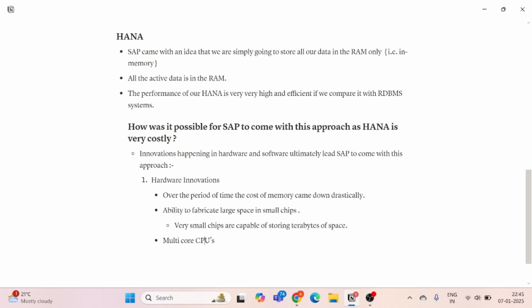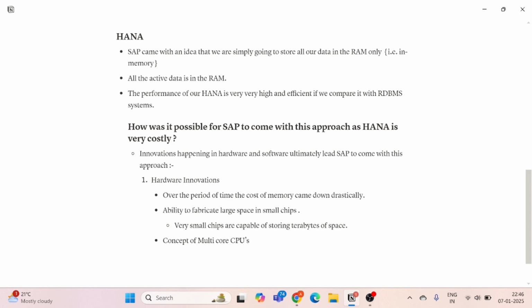The concept of multi-core CPU became one of the biggest inventions.